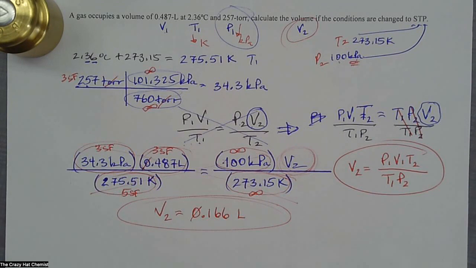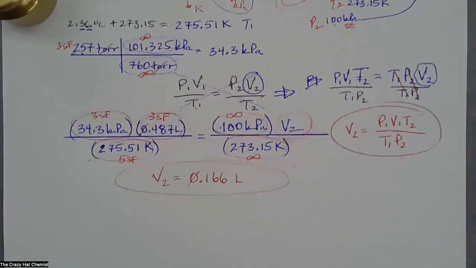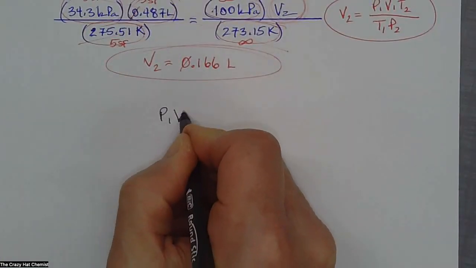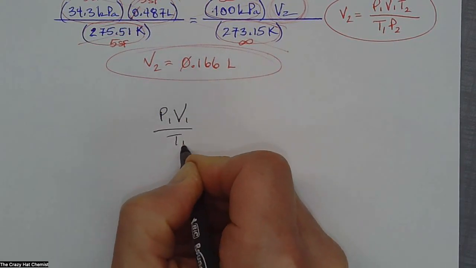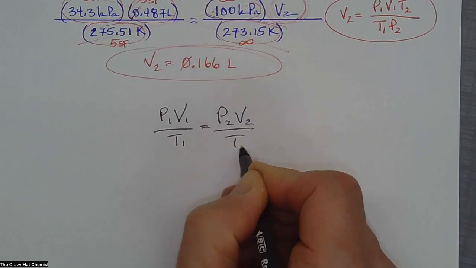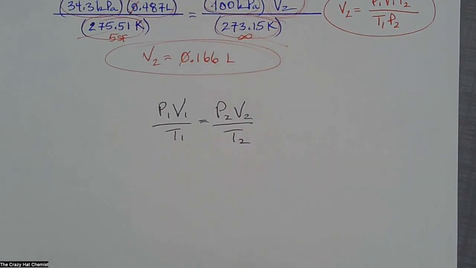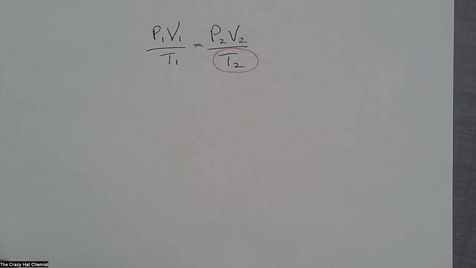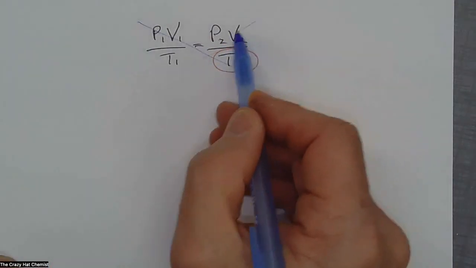Let me do one other thing. On the previous problem, we had the same general or combined gas law, which is P1 V1 over T1 is equal to P2 V2 over T2. And so what I'm going to do is solve this for T2. So I'm going to rearrange and solve for T2. Again, we're cross multiplying.